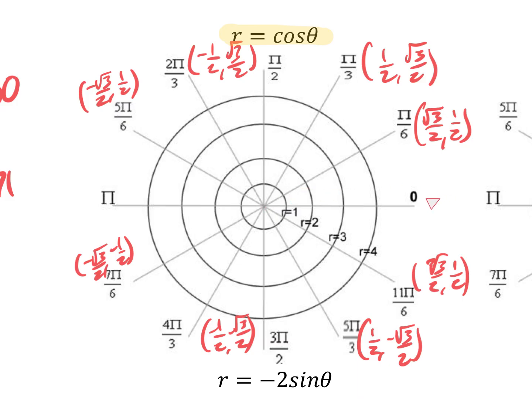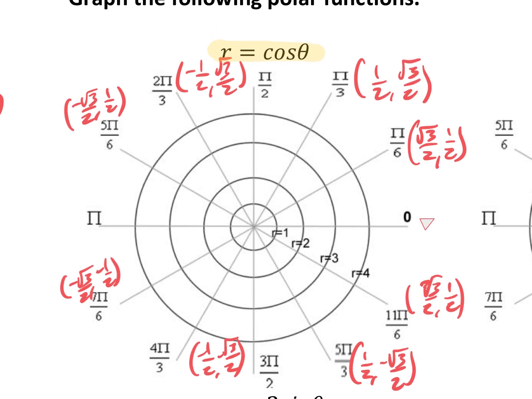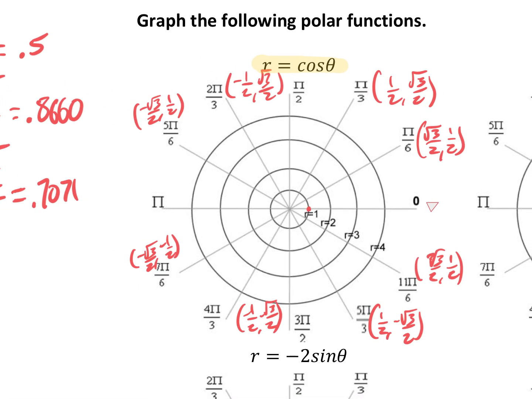The cosine of our angle: cosine of 0 is 1. Then we have root 3 over 2, which we said was 0.8. About 80% of the way there. And then we have 0.7.